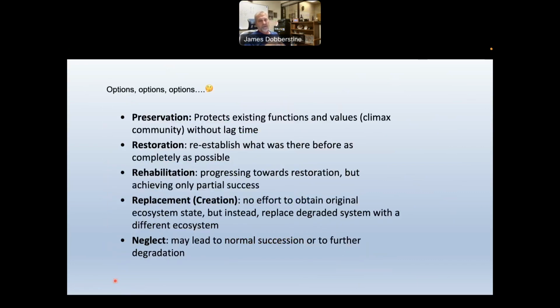So, a lot of options, right? Preservation, restoration, rehabilitation, replacement, and neglect. Always options when you're looking at any sort of restoration project. And I like to liken restoration to custom cabinets.